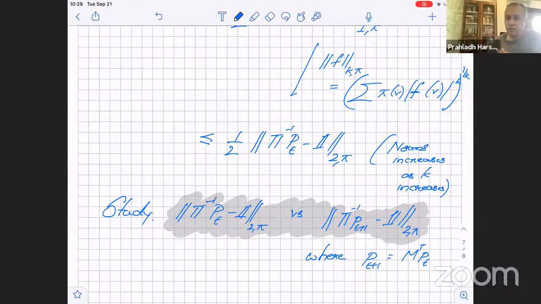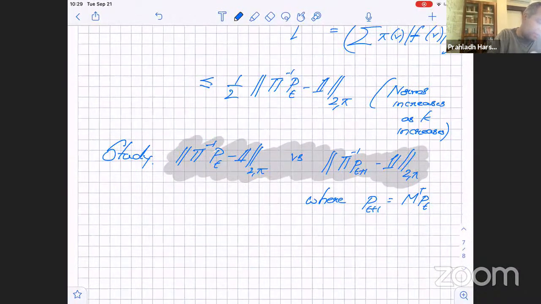Folks with me so far? Now let's write this vector pi inverse p_t in the eigenbasis.